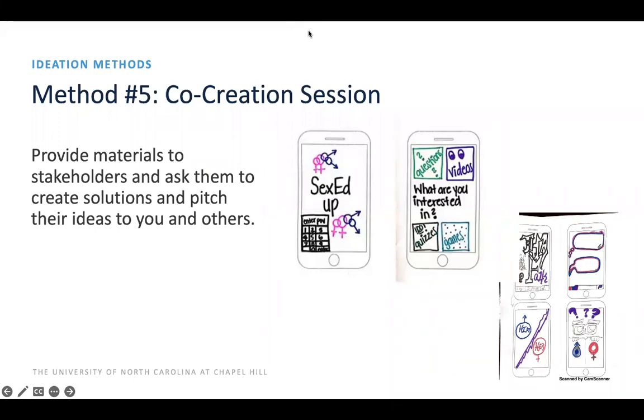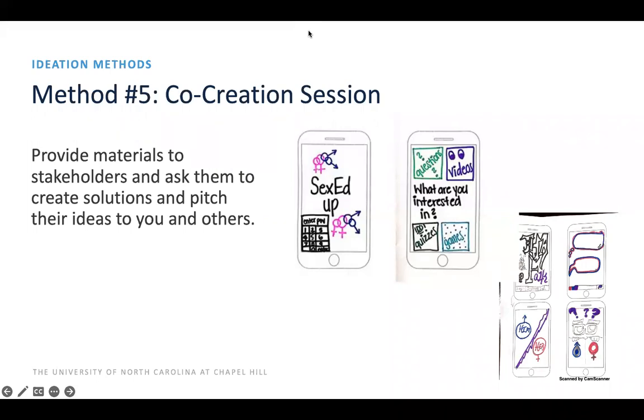You get the ideas that they generate either in hard copy or 3D if you're asking them to manipulate like pipe cleaners and actual made materials. You also get their value propositions, or how they pitch a particular solution to other people. So then you can listen and hear what it is that they find most important or most different about this solution compared to something else. And you can pick up on themes.